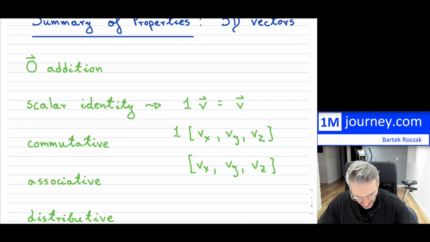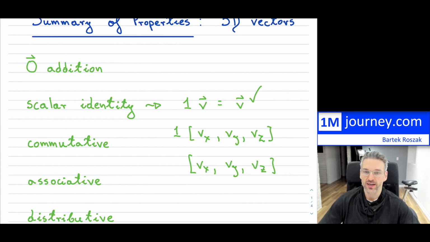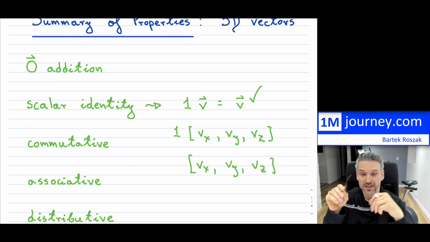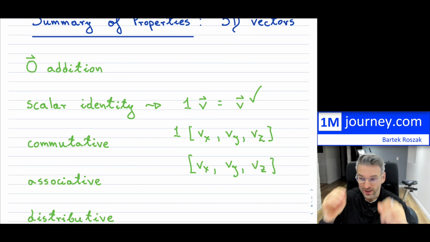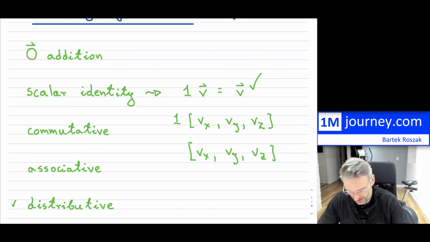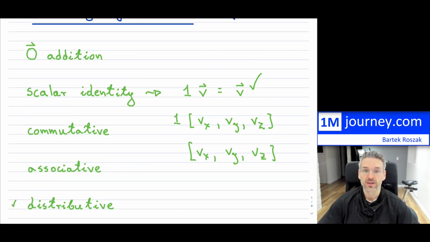And that is exactly what we have there on the right-hand side. So that scalar identity property is nothing special. And in fact, it does pertain to the distributive property that we will get to in just a moment. So you can come back to that.